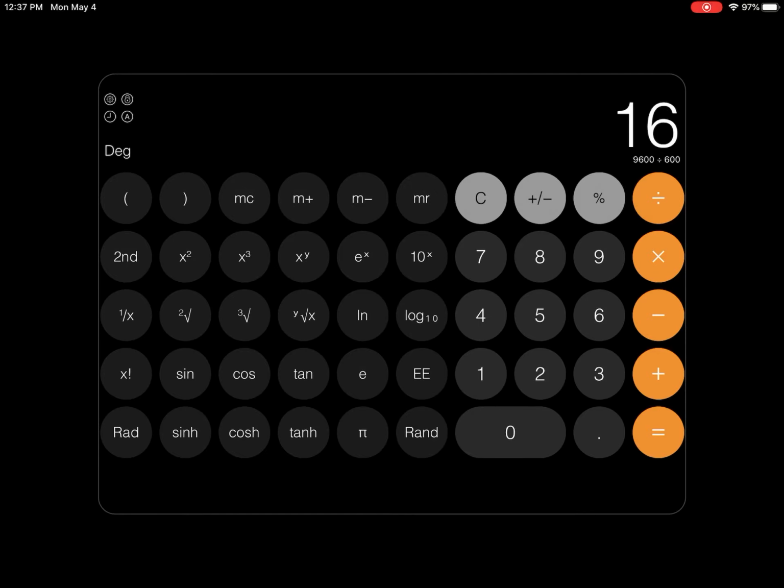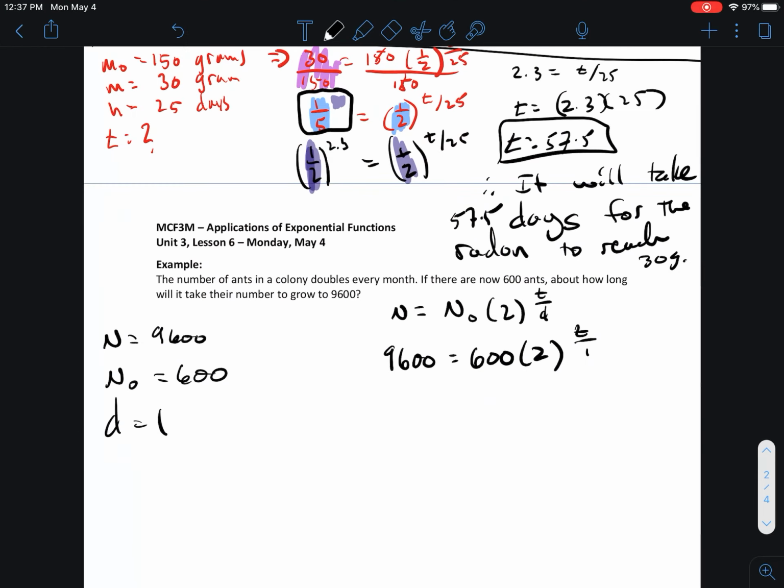What you can do is divide both sides by 600. We can type into our calculator 9,600 divided by 600. It's going to be 16.